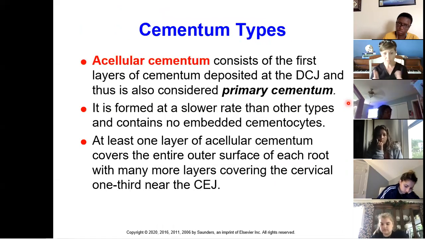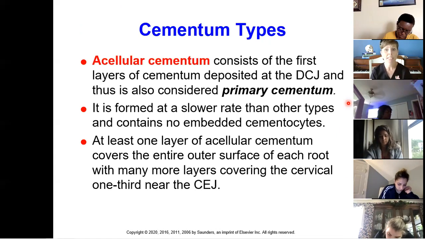All right. Two different types of cementum: acellular cementum and cellular cementum. They're both formed by the cementoblast. Acellular cementum consists of the first layers of cementum deposited at the dentinocemental junction, and this is also known as your primary cementum.